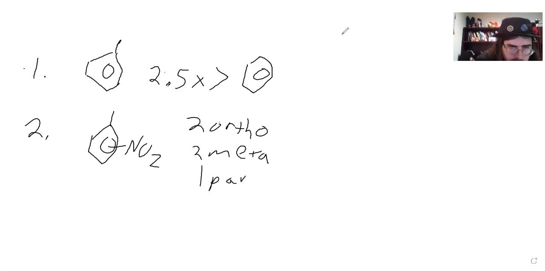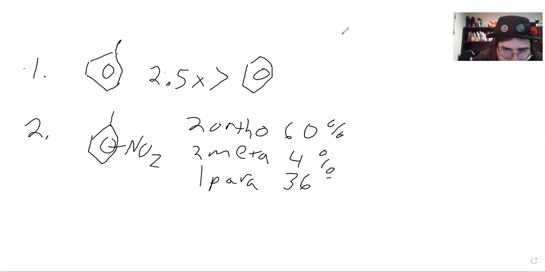Looking at that, when we nitrate that, the two ortho is 60%, the meta is 4%, and para is 36% of the product yield for the nitration of toluene.